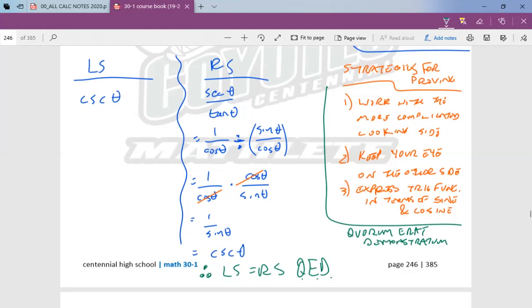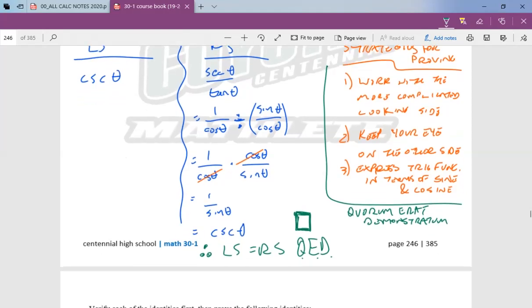And so at the end of our proof, you show that your proof is done by writing QED. Another way that we often see this done is just drawing a blank square at the end of your proof. That will also work instead of QED.